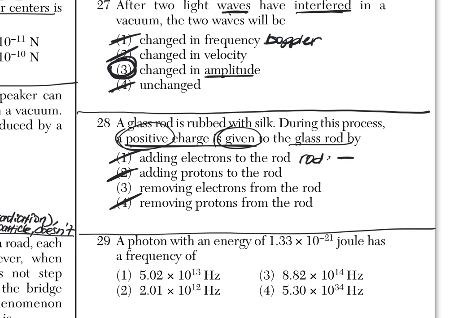So it says a positive charge is given to the rod, so I don't add electrons to the rod, I remove negatives, electrons, negative particles. If I take negatives away from a neutral rod, that makes the rod positive. And so 28 is 3.